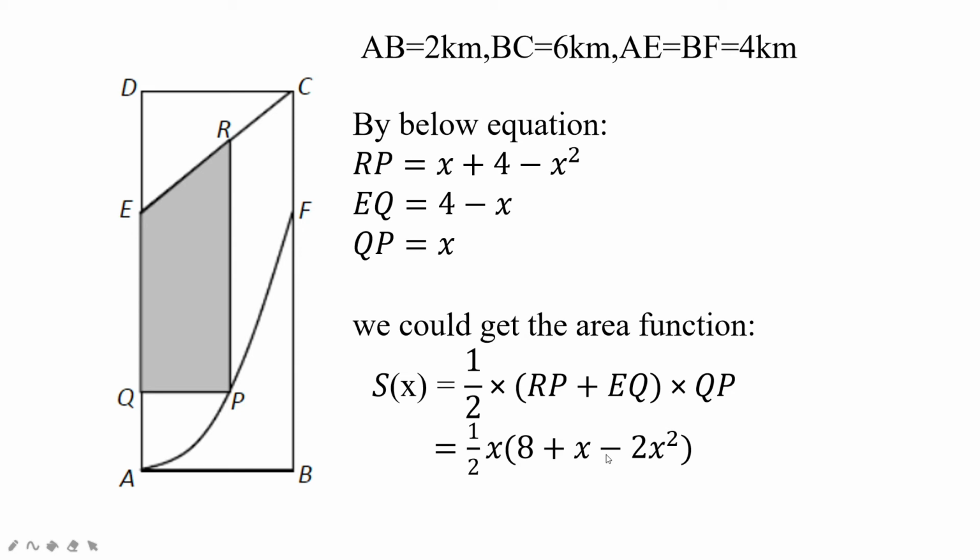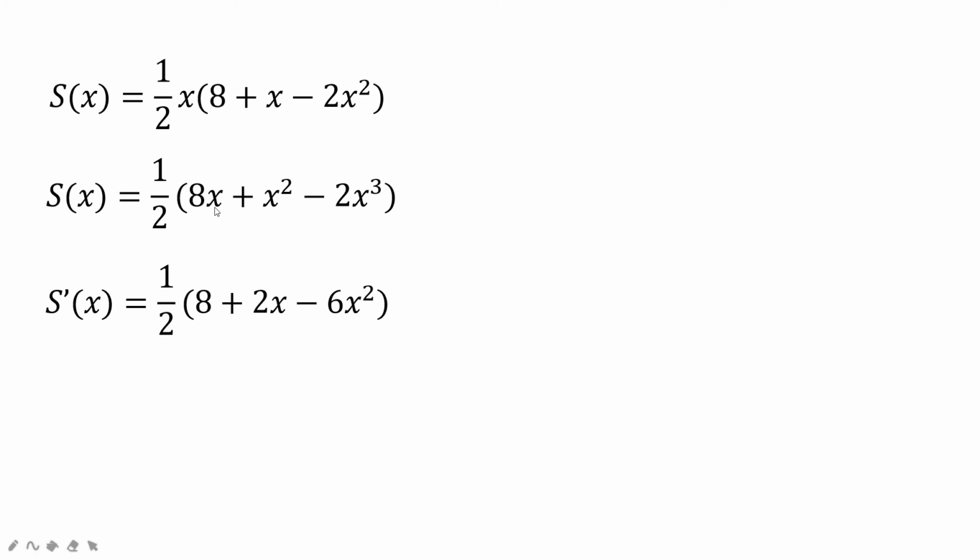After getting the area function, we differentiate this function. After differentiating, we get A'(x) equals 1/2 times (8 plus 2x minus 6x squared). So let's see what we have to do next.